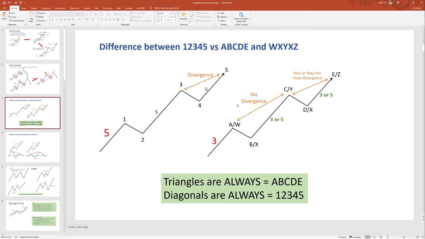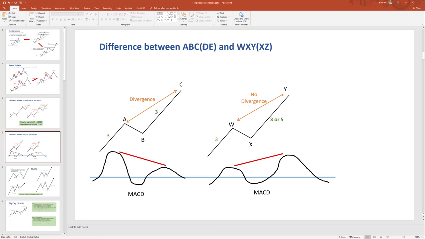If we don't have any divergence, it may or may not have divergence, then it's WXYXZ or ABCDE. Triangles are always ABCDE, diagonals are always 1, 2, 3, 4, 5. These are just the rules that we use. So ABC and WXY, ABC has divergence on MACD between A and C.